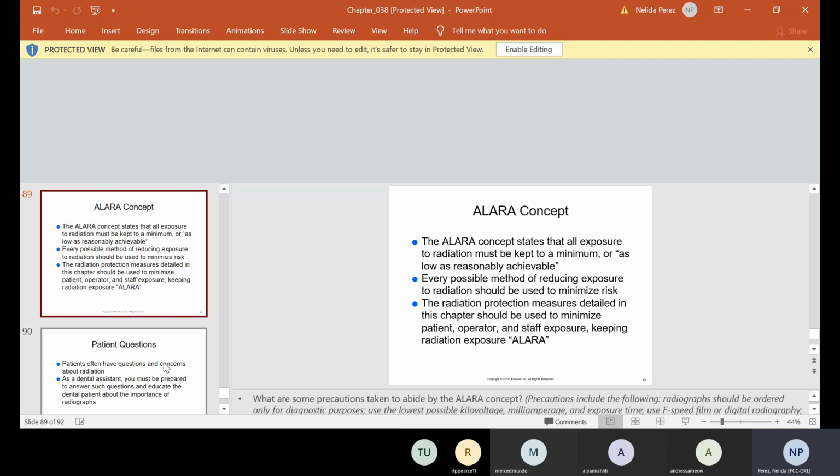Every possible method of reducing exposure to radiation should be used to minimize risk. The radiation protection measures detailed in this chapter should be used to minimize patient, operator, and staff exposure, keeping radiation exposure ALARA. ALARA: as low as reasonably achievable.